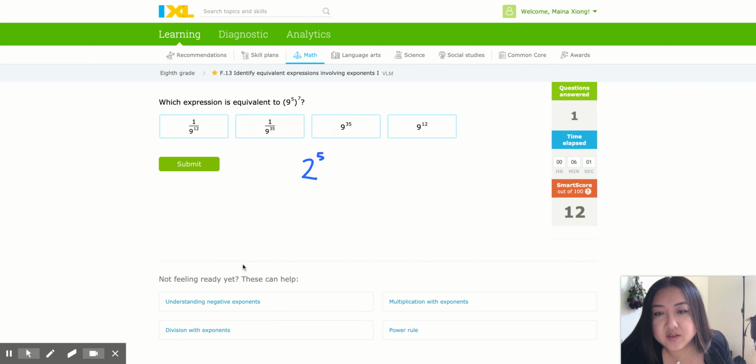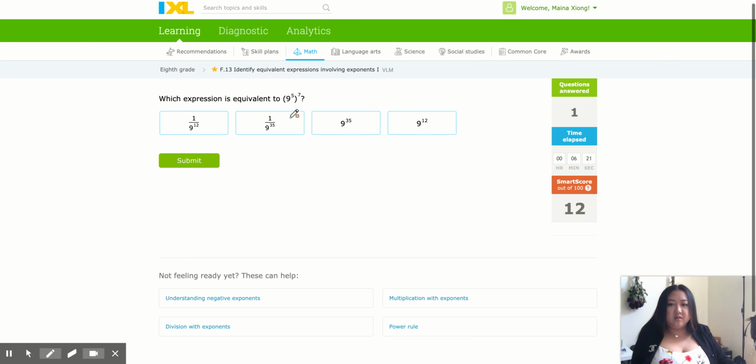All right, for the next one, we have 9 to the 5th power and then to the 7th power. So this one is different. Remember that you might have situations where you have an exponent to an exponent. If that's the case, you have to multiply the exponents, all right?